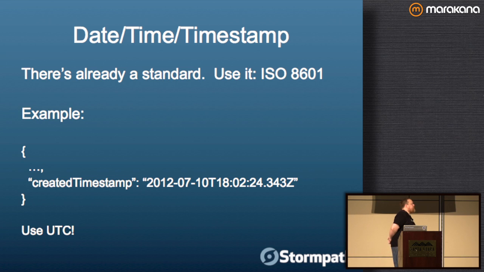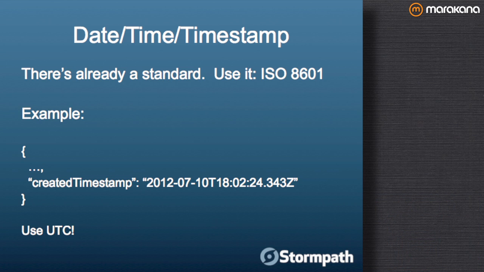So if you keep all of your timestamps in your API ISO 8601 formatted, then any number of tools will be able to consume this very easily. Basically, every client language that I know of knows how to consume an ISO 8601 timestamp. So keep things consistent, use the standards, and integration will be a lot easier for your customers.